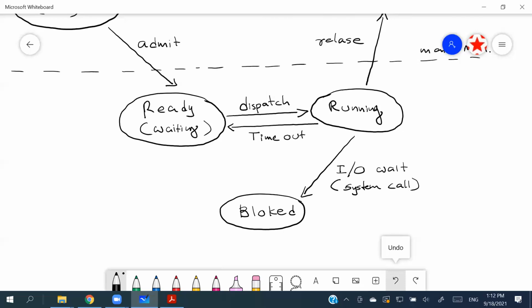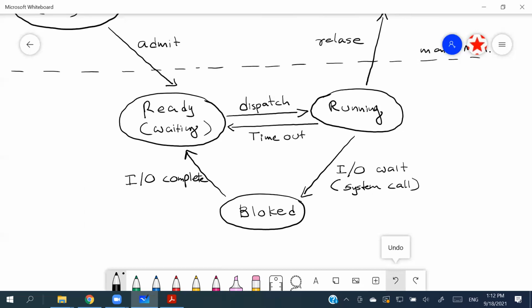Once it is moved to the blocked state, if the input output wait is completed, then it will be given the state which is called ready again. That means it is ready to run. So it is happening due to the IO completion.